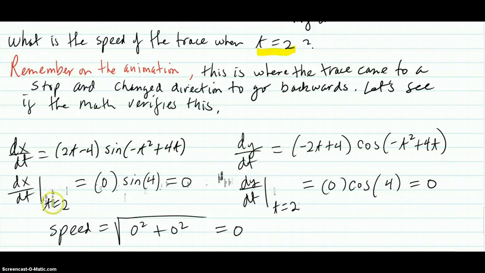So evaluating the dx/dt at t equal 2, you plug in 2 there and you get 0, and that zeroes this whole thing out. dy/dt, plug in t equal 2, 2 plugs in right here, zeroes that out, you get 0, and sure enough the speed is 0 squared plus 0 squared, which is 0. So momentarily, when the parameter value is t equal 2, the trace has stopped in order to turn around and go backwards.